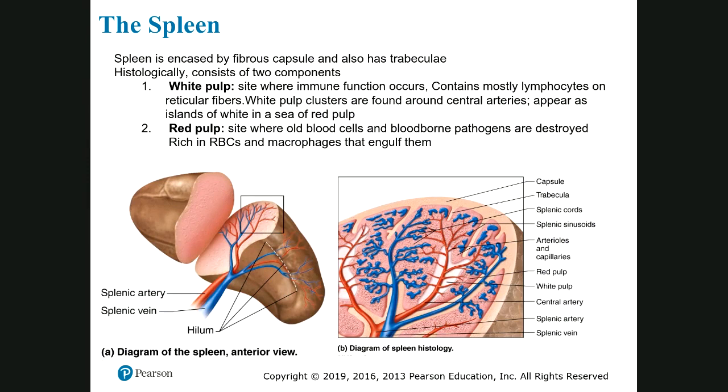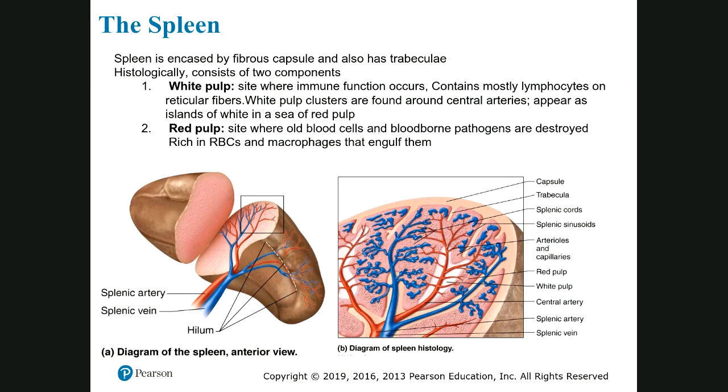You have here the splenic artery and splenic vein that branch into central arteries and central veins. And around the central artery, you see what we call the white pulp, the site where immune functions happen.